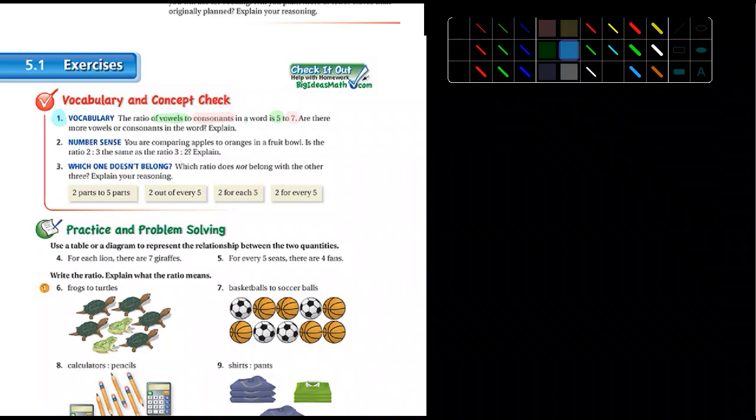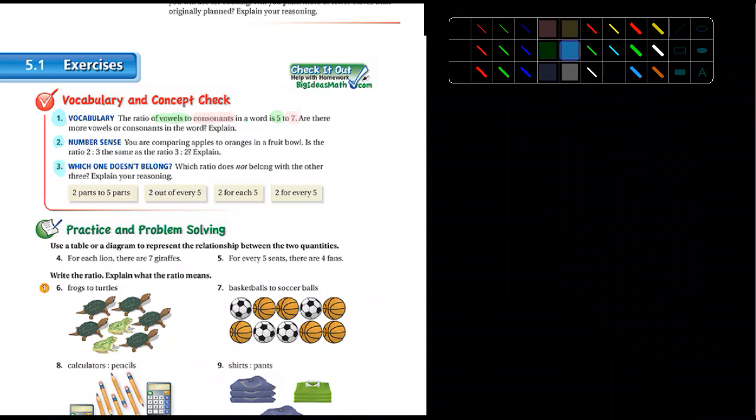And if you change it from oranges to apples, along with reversing the ratio, that would be fine. But if you change the ratio without changing what you're comparing, apples to oranges or oranges to apples, then it would matter. So I'll let you guys put that in your own words. You can do number 2.